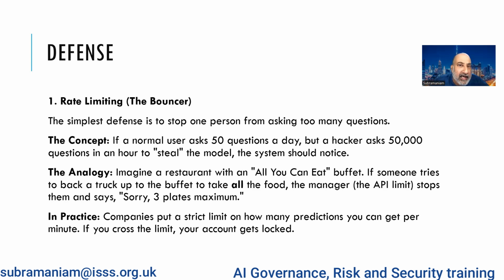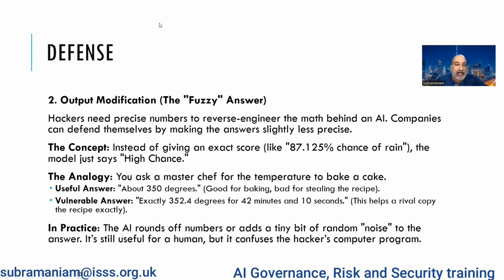So I can fix a rate limit saying the number of queries should be 50 or 100, not more than that. Then you can stop 50,000 queries and getting the answers to form a data set to build a clone AI model. So this is one way of doing it.